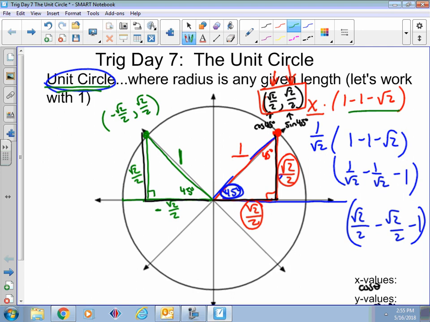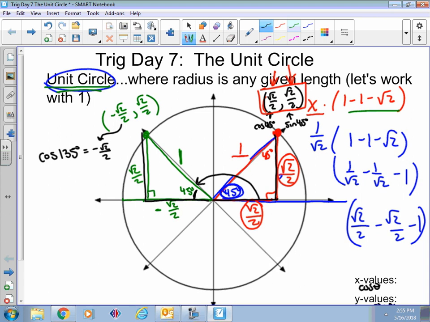How does that help? Well, for this angle, which is 180 minus 45 degrees, or that's 135 degrees, the cosine of 135 degrees is the x-coordinate, negative root 2 over 2. Don't believe me? Look at your unit circle.